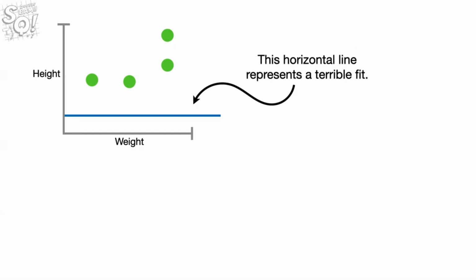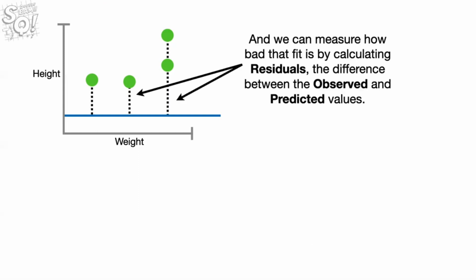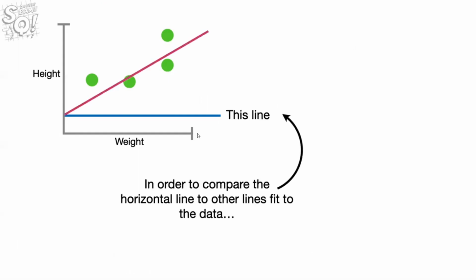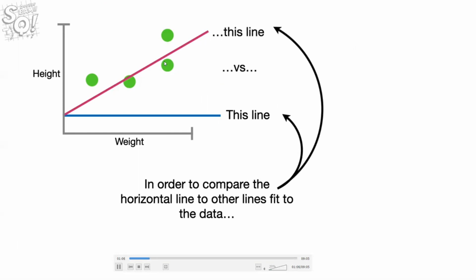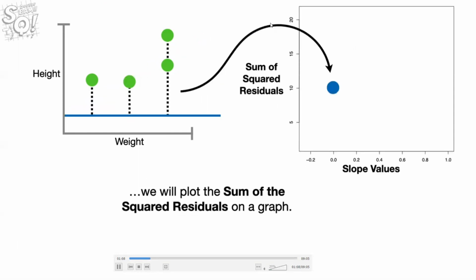Okay, so we'll start with a simple linear regression model. If this blue line represents my model, then I should compare this line with other lines and see how it performs.